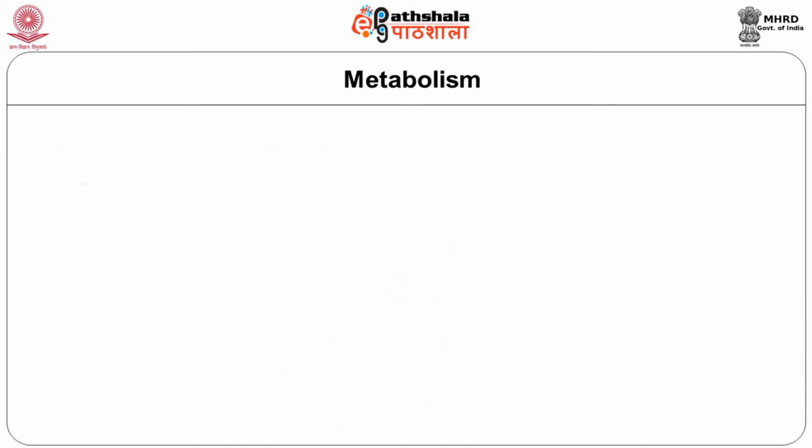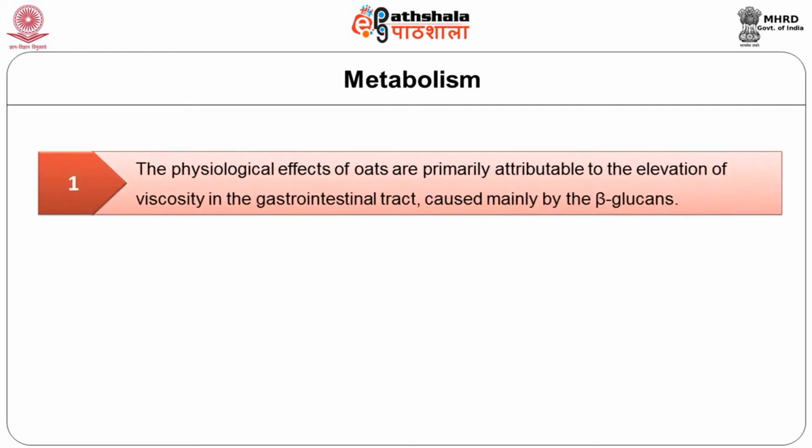So, once we consume beta-glucan through various sources, the physiological effects, particularly about the oats which we are discussing, the rich source of beta-glucan, are primarily attributable to the elevation of viscosity in the gastrointestinal tract, caused mainly by the beta-glucans.